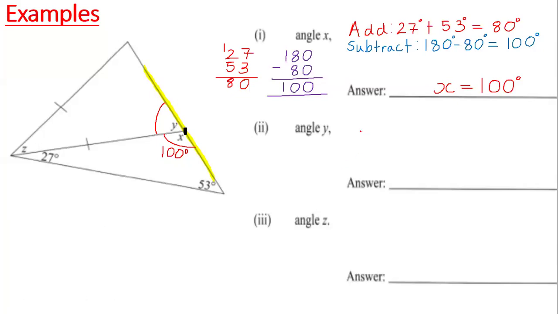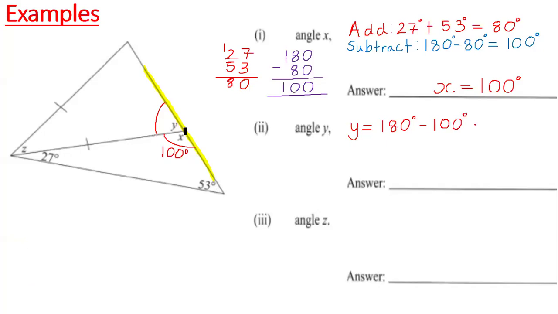Very good. So y is equal to 180 degrees minus 100, because that's what x is. 180 degrees minus 100 degrees.